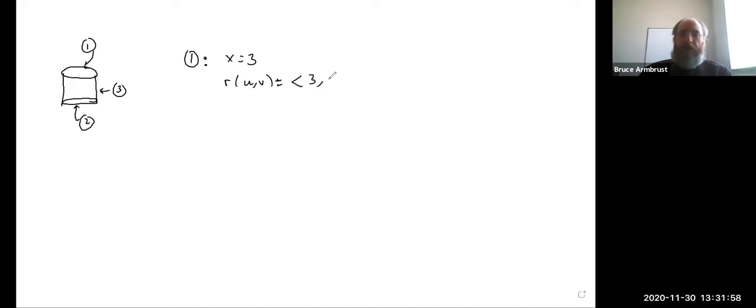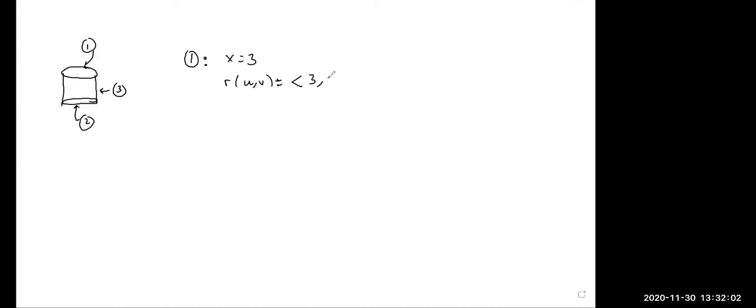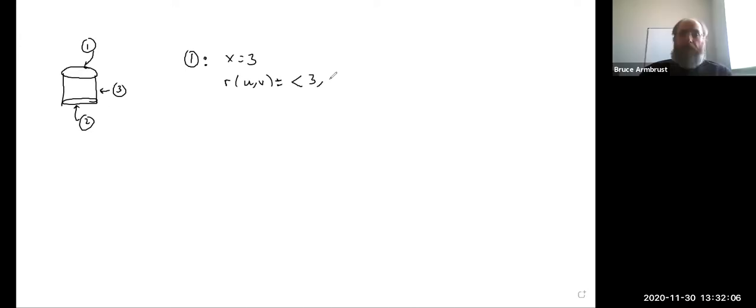But we don't want 0 here, because the y's do vary, as do the z's. So I'm going to go ahead and just do 3 comma u comma v. The y's and the z's are going to vary around, but this would be the plane x equals 3.